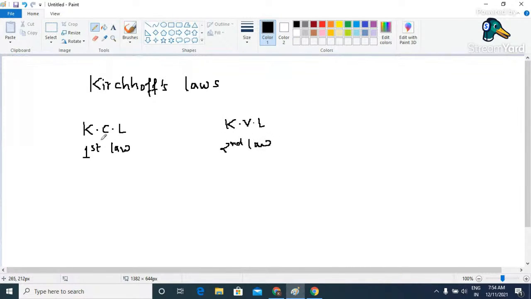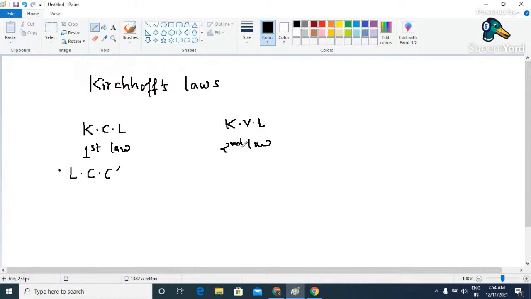Sometimes Kirchhoff's current law is also known as the law of conservation of charge, because ultimately we are dealing with current, and we know that current is proportional to charge. Whereas in case of Kirchhoff's voltage law, we are dealing with voltage, and we know that voltage is proportional to energy.